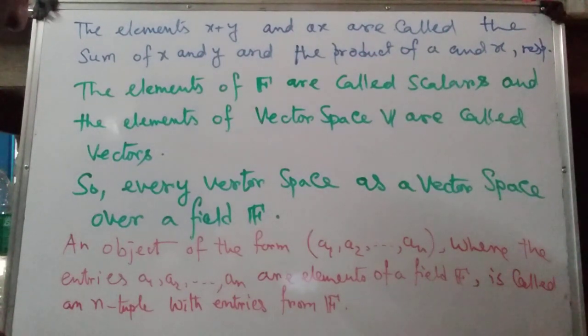Then we go on to discuss some examples related to this vector space. We have written the definition of vector space, and now we go to some basic examples of vector space. We erase that portion and go on to the discussion of basic examples now.